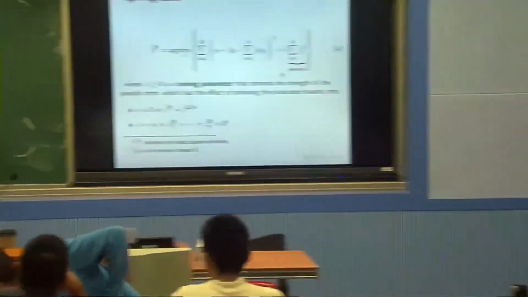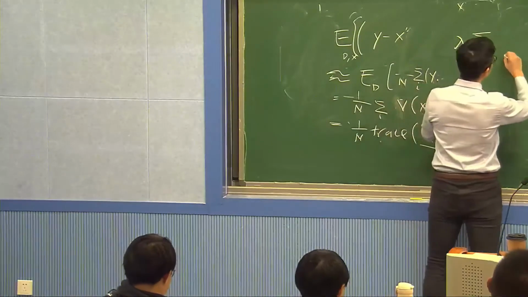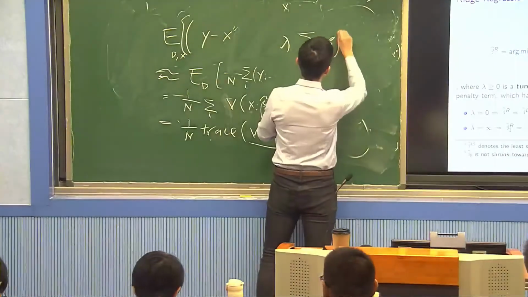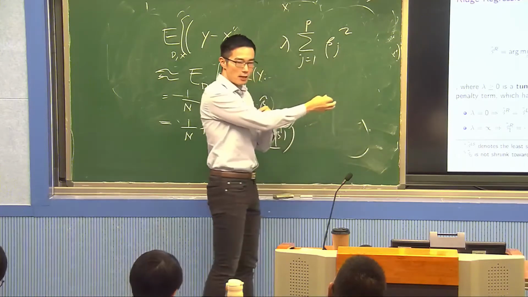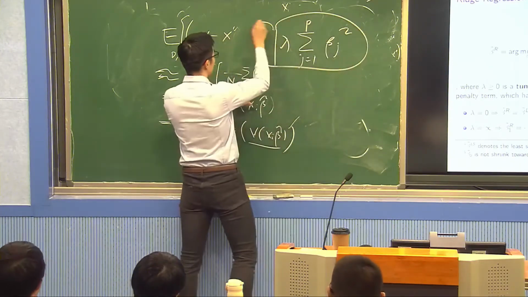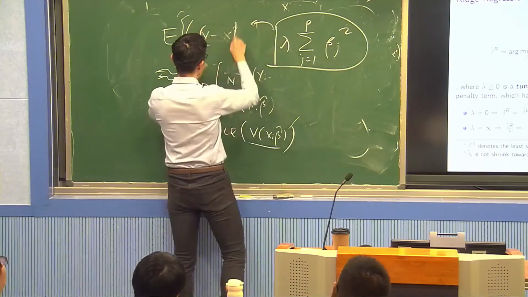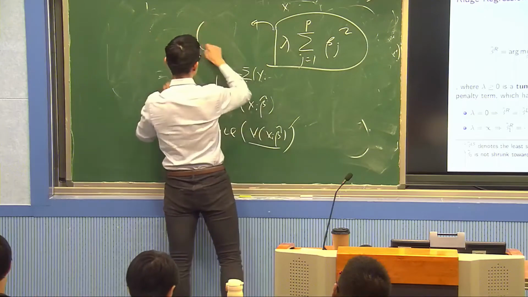We're minimizing lambda times the sum of beta j squared, where j goes from 1 to p. We have a p-dimensional model. This additional part is added to the OLS criteria, the L2.